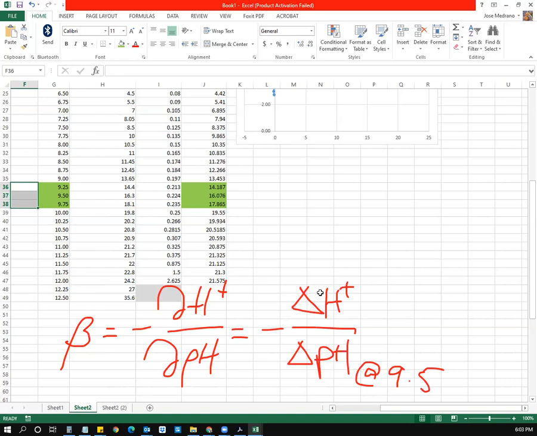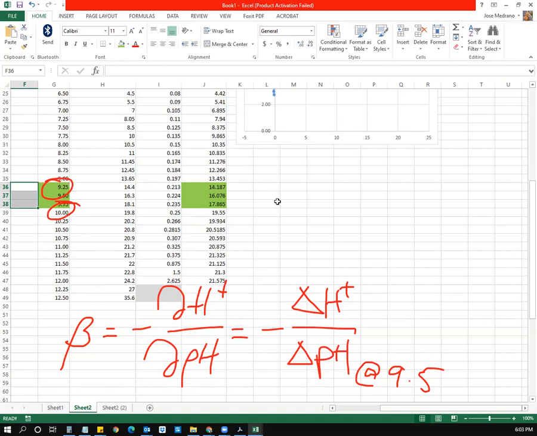So if you look back right behind all of these equations on the data, I've highlighted 3 sets of data, one at pH 9.25, one at pH 9.5, and one at pH 9.75. So we're going to approximate around pH 9.5, meaning we need our pH 9.25 data, and we also need our pH 9.75 data.